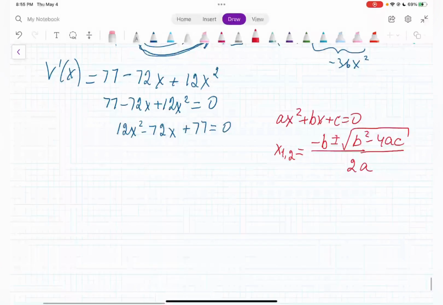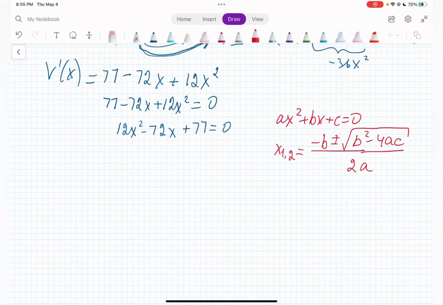So in my equation, a is equal, b equal, and c equal. So a equals 12, b equals negative 72, c equals 77.